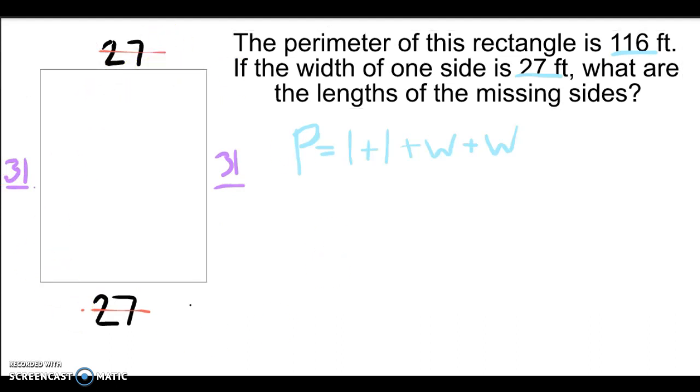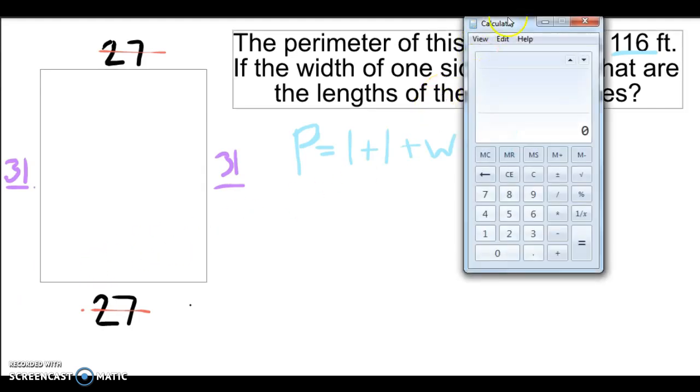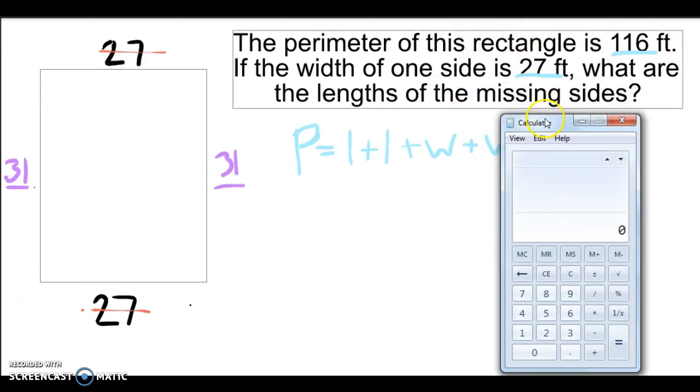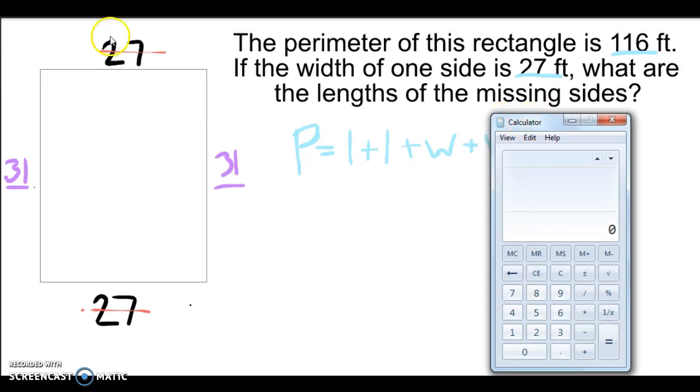Rather than trying to write that addition, I'm just going to pull up my computer calculator here so you can see it. All right, so we need to do 27 plus 27 plus 31 plus 31. If we did our math right, adding those four numbers should give us 116.